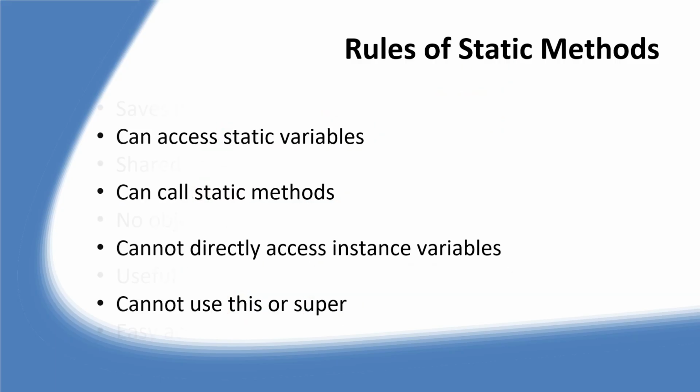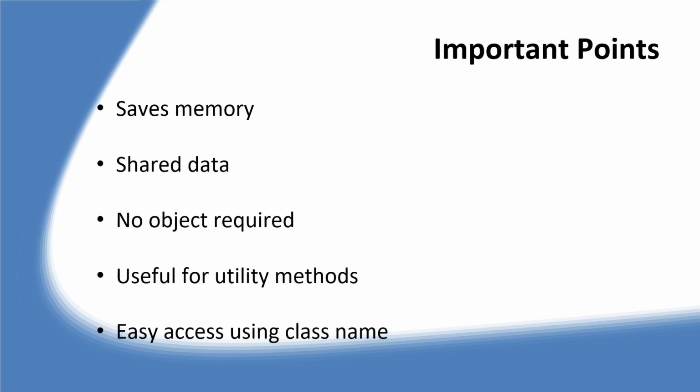Let's see the advantages of static blocks. It saves memory. Since static members are associated with the class, not with objects, they share common data; they are not associated with every single object, which means no object is required.